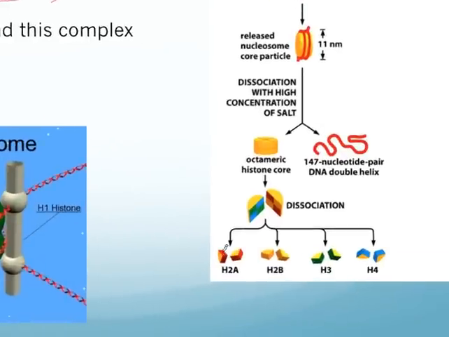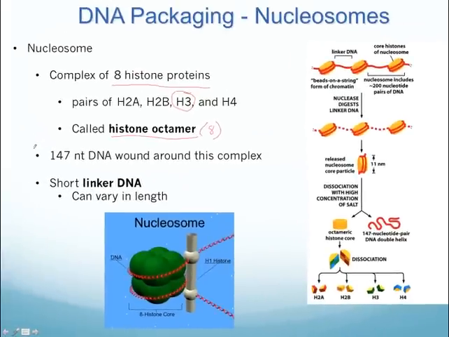You can see them down here. They're made up of 4 pairs of histone proteins that total 8 proteins that make up the histone octamer. Wrapped around the histone octamer is 147 nucleotides of DNA. This is about the length of 2 wraps around the nucleosome core. So 147 nucleotides of DNA wraps around 2 times around the histone octamer.